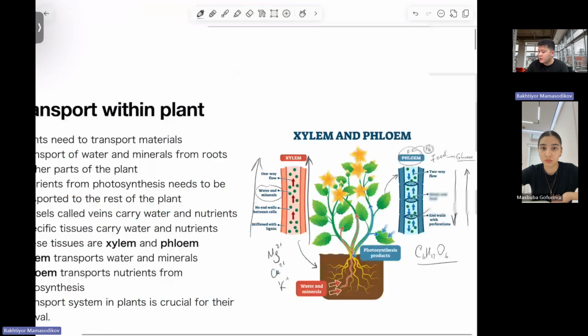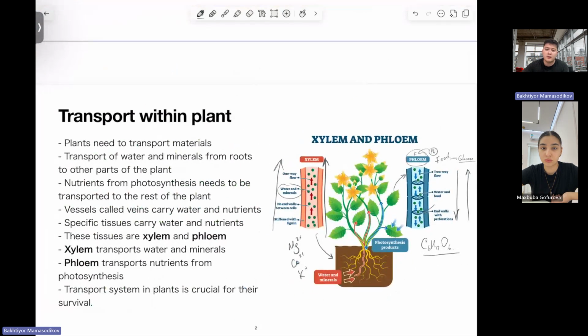So this is all about the phloem and the xylem. You have to differentiate between them if a question comes. Xylem carries water and minerals. Phloem carries the food, mainly sugars. Direction of flow: phloem in both ways, xylem in one way.